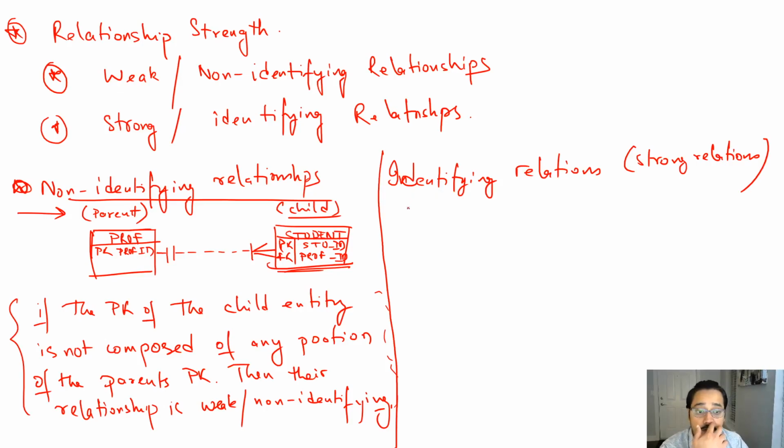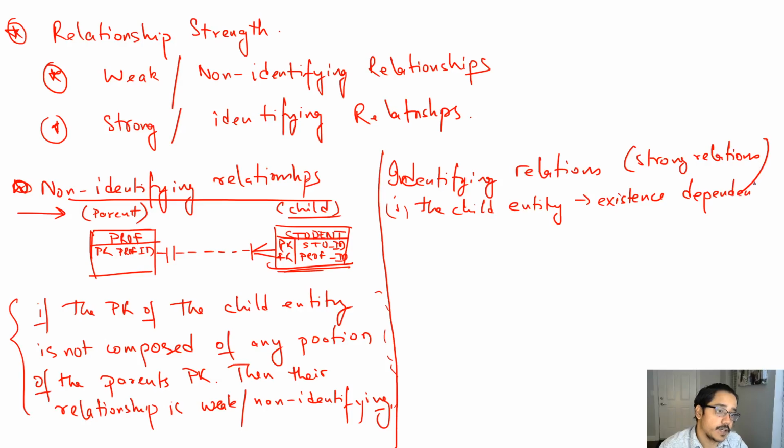Okay, so there are two conditions that need to be met for a relationship to be an identifying relationship. The child entity has to be existence dependent. So in other words, the child entity needs to be a weak entity.